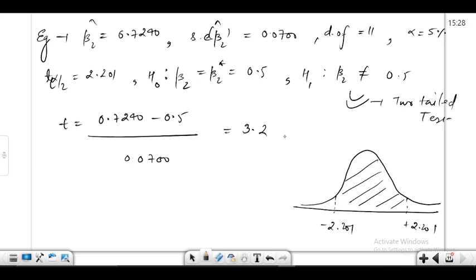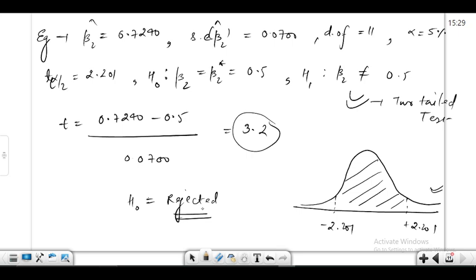So the value of t that I'm getting for beta 2 is 3.2, which does not lie in this range. So it means that my null hypothesis is rejected because the t statistic for the given value of beta 2 hat is not lying in the specified range in which it should be lying. So I reject the null.